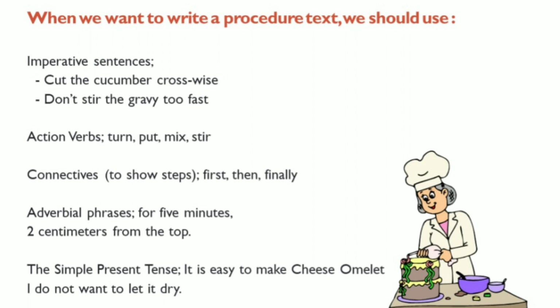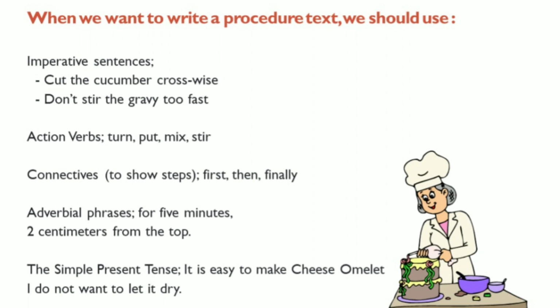Kedua, action verbs atau kata-kata kerja, contohnya turn, put, mix, stir. Ketiga, connectives atau kata penghubung seperti first, then, finally. Keempat, adverbial phrases, contohnya for 5 minutes, 2 centimeters from the top.